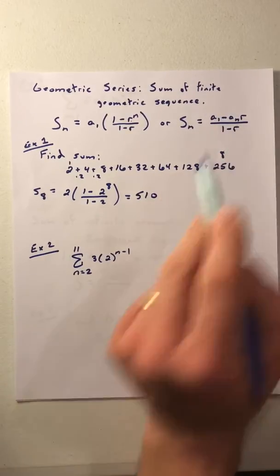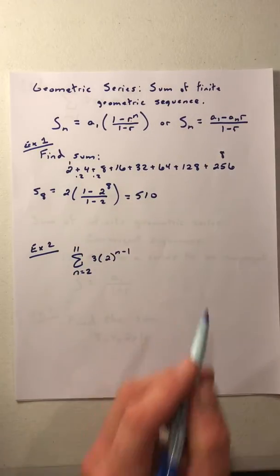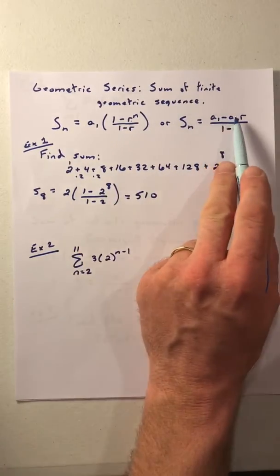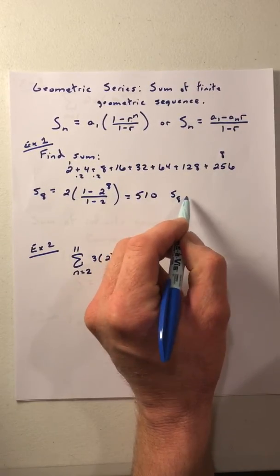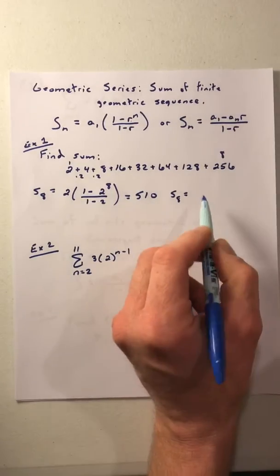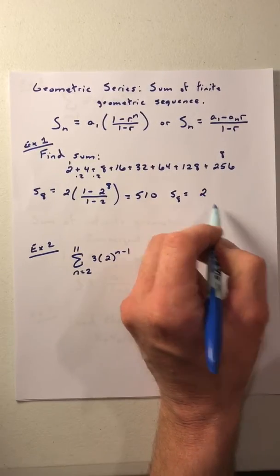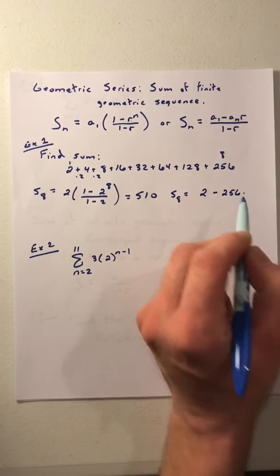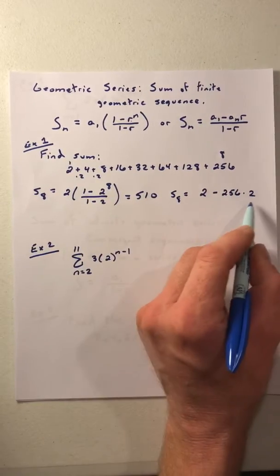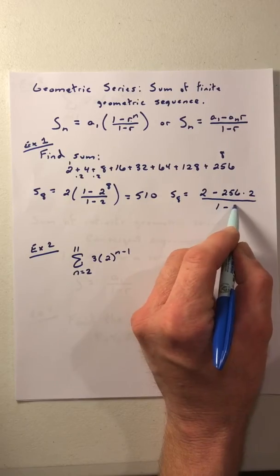Now if I look at the other equation, we can set this one up as well, since we know the first term, the last term, and the common ratio. So the sum of the 8 terms gives us our first term minus our last term times the common ratio of 2 over 1 minus 2.